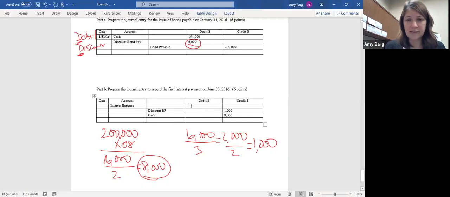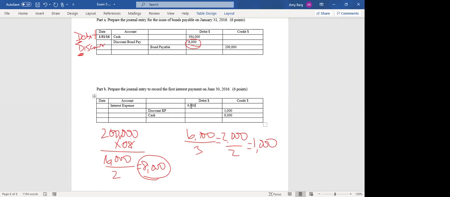The interest expense is the 8,000 plus the 1,000, so it's $9,000. If you had a premium and amortized it, the interest expense would be less because you had a gain. You apply that gain every year towards your interest expense so that your net book value is still $200,000. But with the discount, we have to add to the interest expense to account for the loss. So does this make sense?